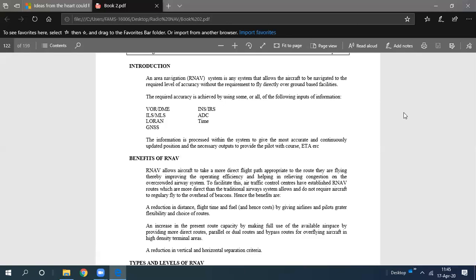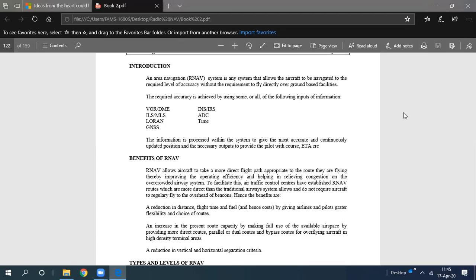You have those ATS routes, etc. So RNAV was introduced basically to reduce the congestion on the so-called ATS routes, and number two, to utilize the airspace which was not being utilized earlier on.